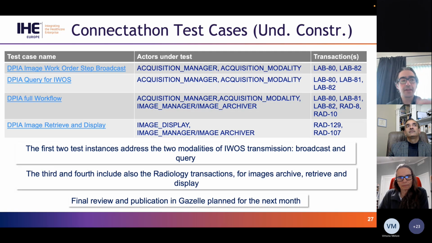I can add something also about the tests. As Raj said, they are currently under construction. We are planning to do a final review of the tests in the next month. We will have our next call in April with a final discussion about them. And these are the Gazelle tests that we are going to define.